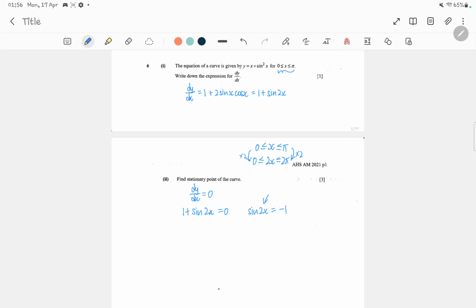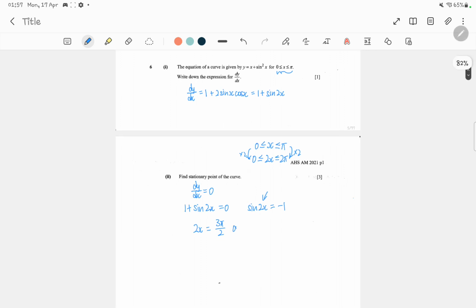Okay, so think about it this way. Sine of what angle is actually minus 1? So this means that 2x can be equals to 3 pi over 2 radians, which is equivalently 270 degrees, because we know that sine of 3 pi over 2 radians is actually equals to minus 1.